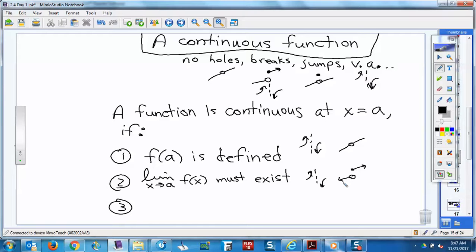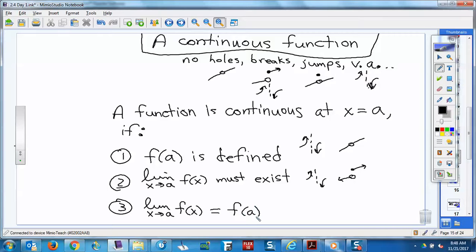We haven't accounted for a jump, right? Here the limit exists, and the function does have an output, but what's wrong with it? What would have to happen to make it continuous and not have this jump? The limit of f of x as x approaches a must equal f of a.